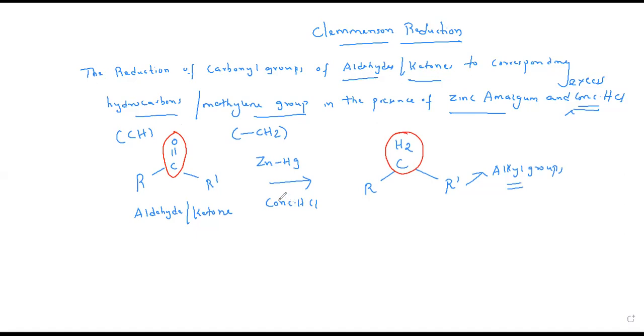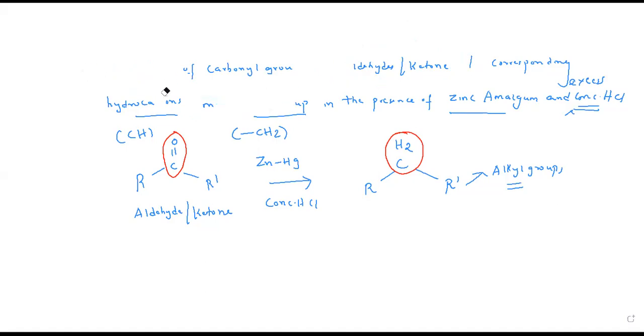So you may get a lot of doubts now about how this ketone functionality or this carbonyl group has been converted into CH2. This we can understand clearly if I explain the mechanism of Clemmensen reduction. Now I'll try to explain this mechanism to convert the carbonyl group into hydrocarbons or methylene group.